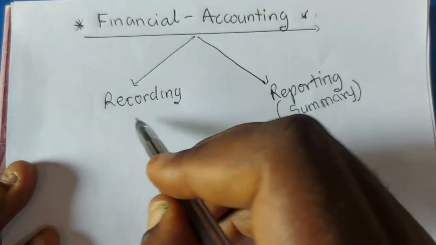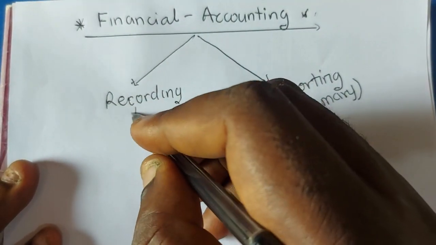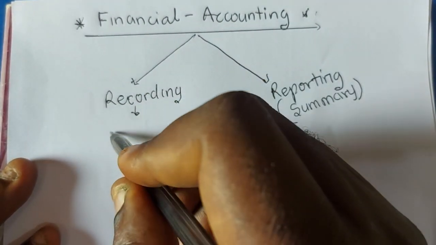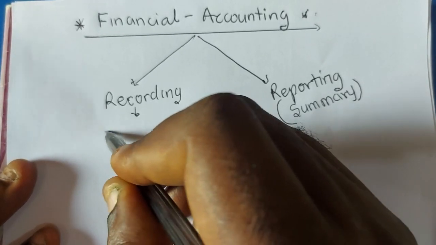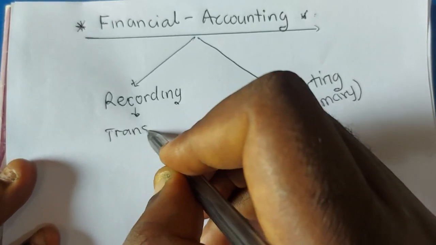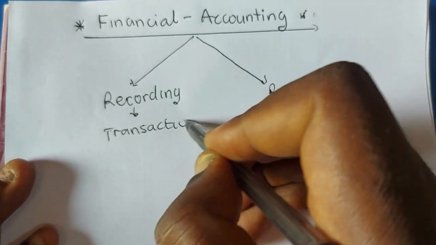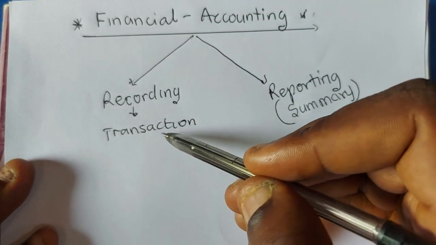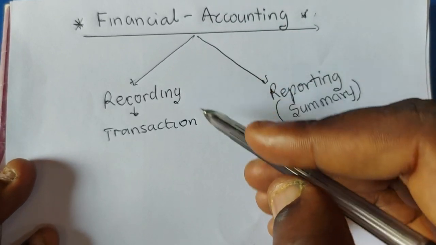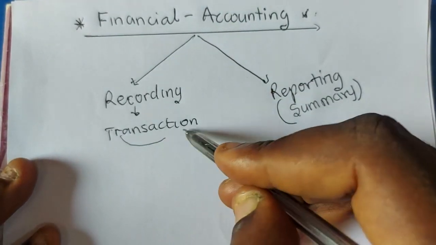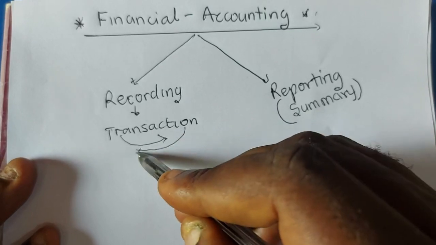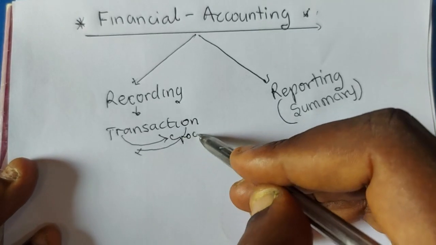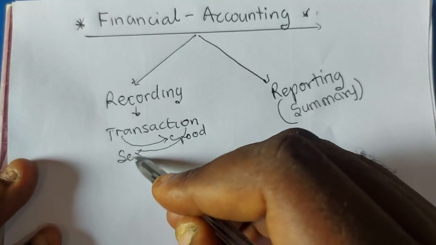Now, the recording aspect starts. What do you record? Business transactions. We record business transactions. And what is a business transaction? A business transaction simply means the exchange of goods and services.